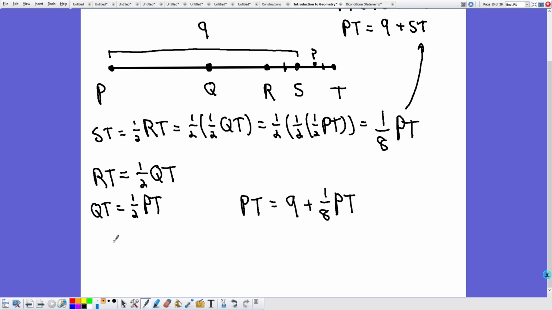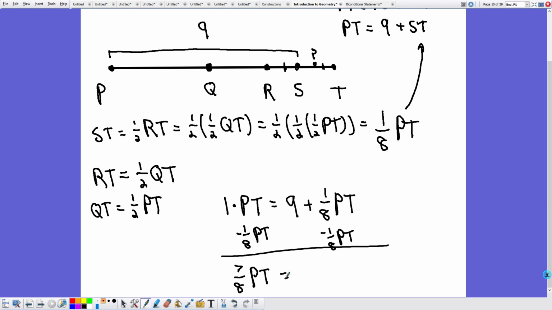So to isolate PT, I'm going to subtract 1/8 PT on both sides of our equation. So PT minus 1/8 PT, well, this PT, we can think of it as 1 times PT. So all you're doing is 1 minus 1/8, which is 7/8. So we have 7/8 PT, and that's going to be equal to 9.